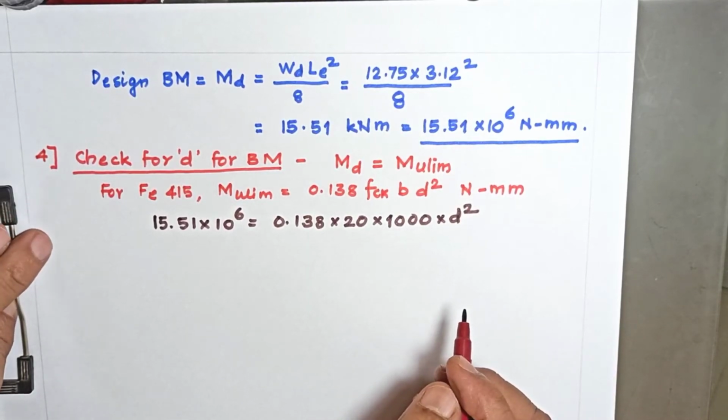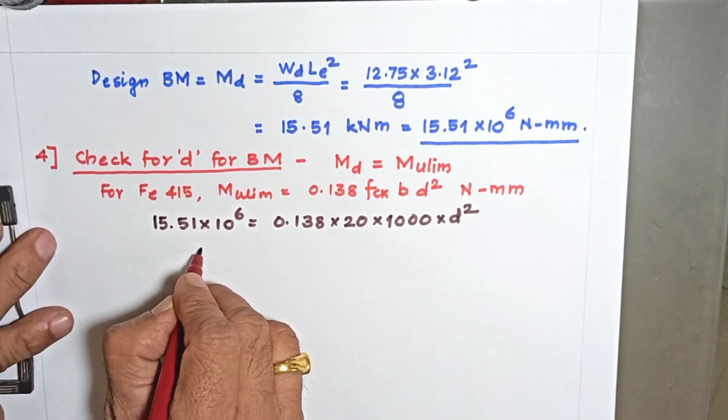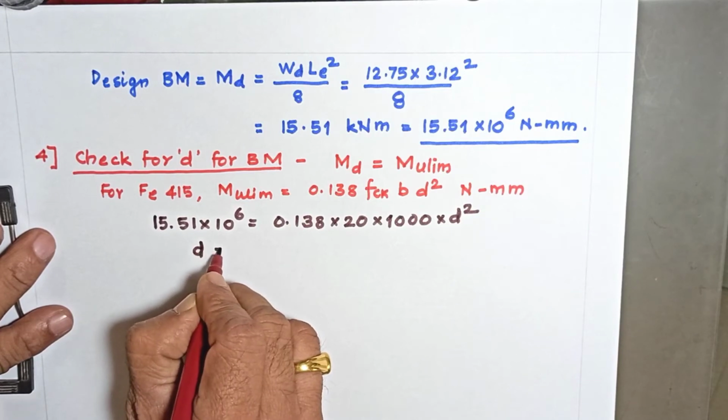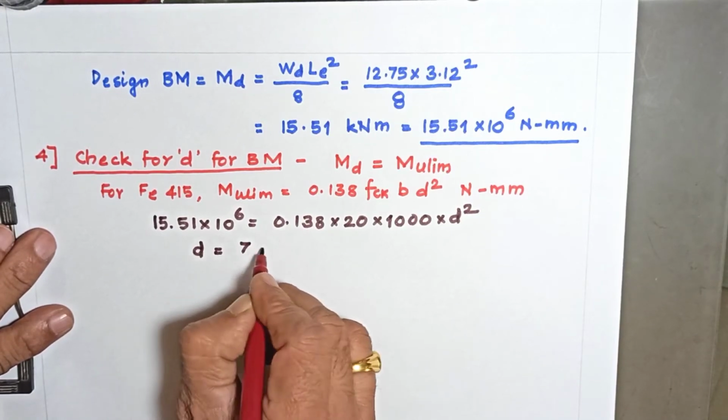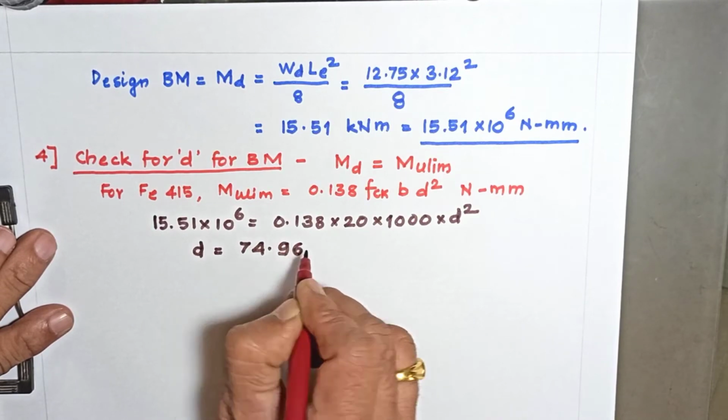With the help of a scientific calculator, if you solve this for d, you will get the value of d equal to 74.96 mm.